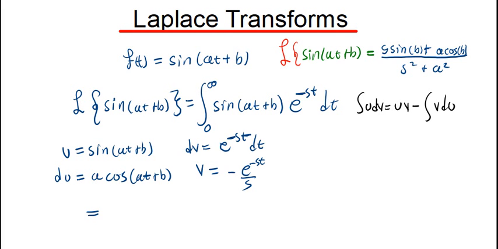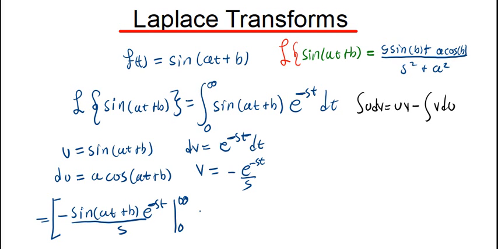So this is going to be equal to uv, that is minus sine at plus b times e to the minus st, divided by s, evaluated from 0 to infinity.